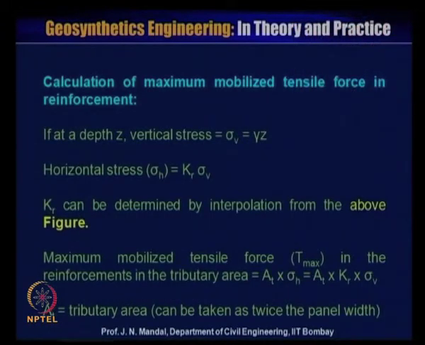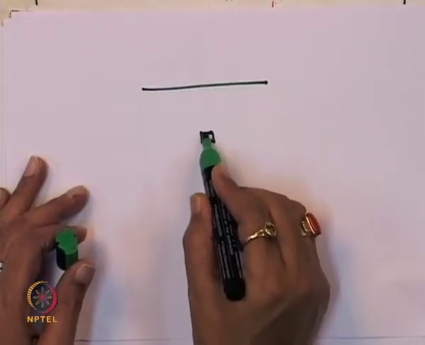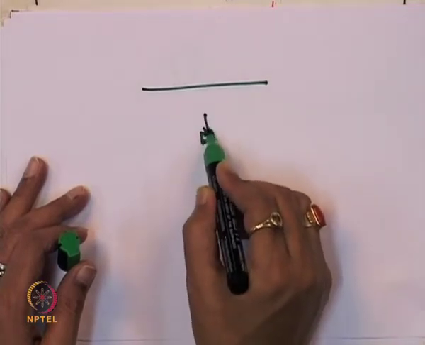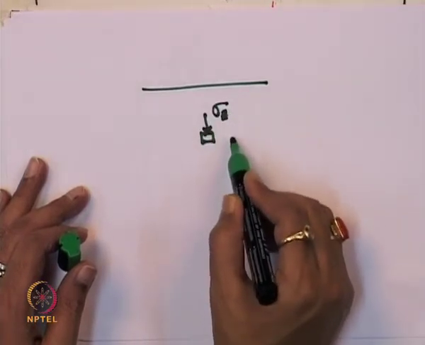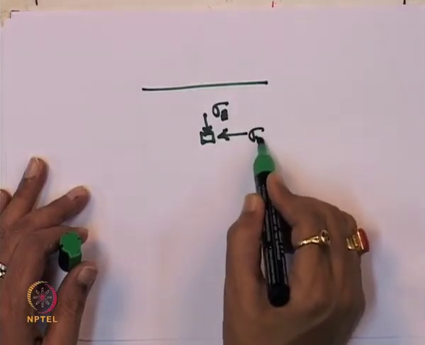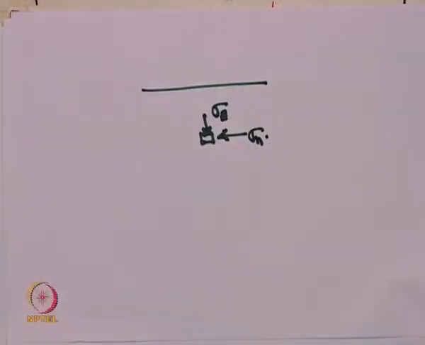Now, we calculate the maximum mobilized tensile force in the reinforcement. At any depth Z, vertical stress sigma V is equal to gamma Z. If you consider that this is the ground surface and at any depth Z, you can calculate sigma V, and also you can calculate the horizontal stresses.